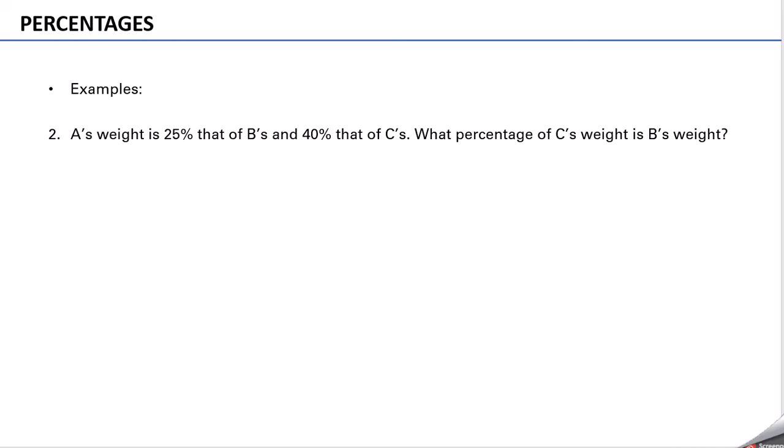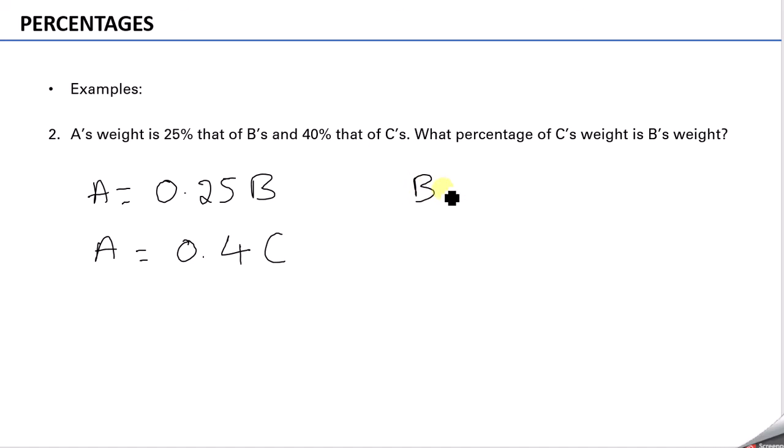A's weight is 25% that of B's and 40% that of C's. So let's see here now. A is 25%, means 0.25 that of B, and A is 0.40 that of C. So now what we need is what percentage of C's weight is B. We need it in the same terms.